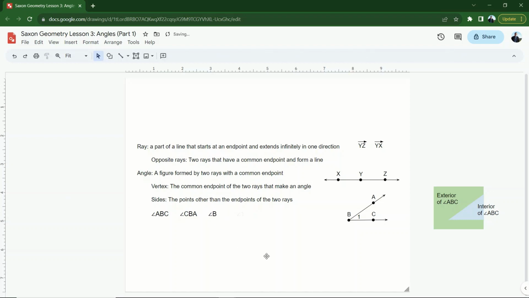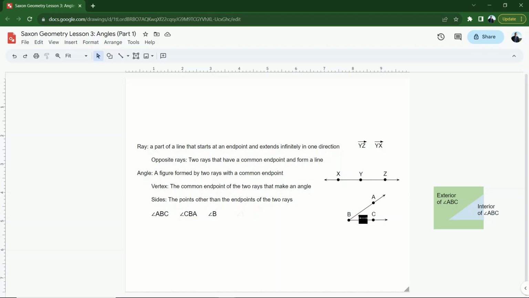You could also name an angle by just its vertex, angle B. The problem with this one is that if any other angle is connected to that vertex, like let's say that I made another angle from CBY and I drew a ray that went from B to Y, now B is the vertex of more than one angle in the same figure, and I can't just name angle B anymore because it also represents another angle. So it only works to do this if there's only one angle at the vertex that you're naming.